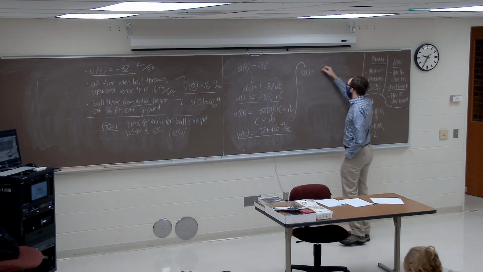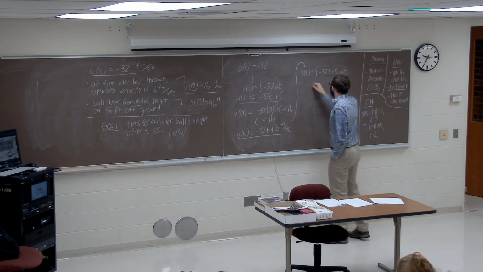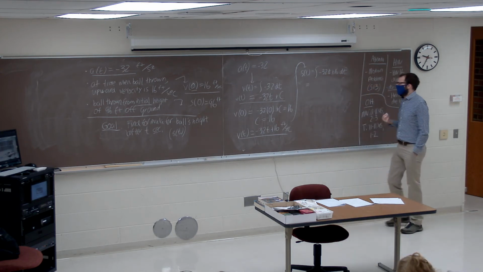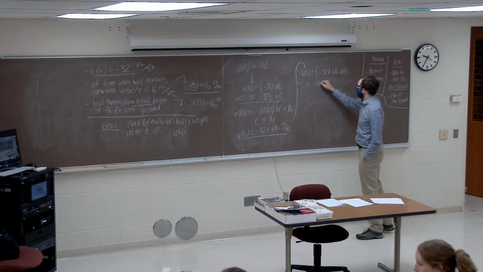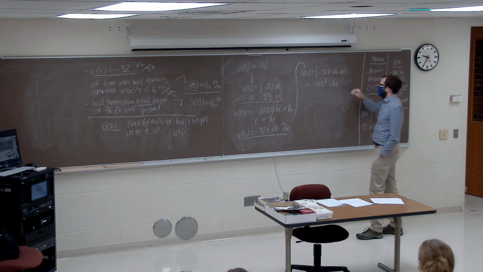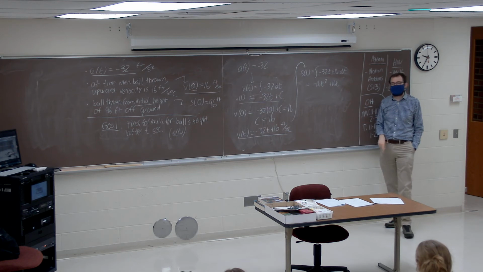So if we integrate negative 32t plus 16, Rachel, what's that going to give us? Negative 16t squared plus 16t plus some constant.